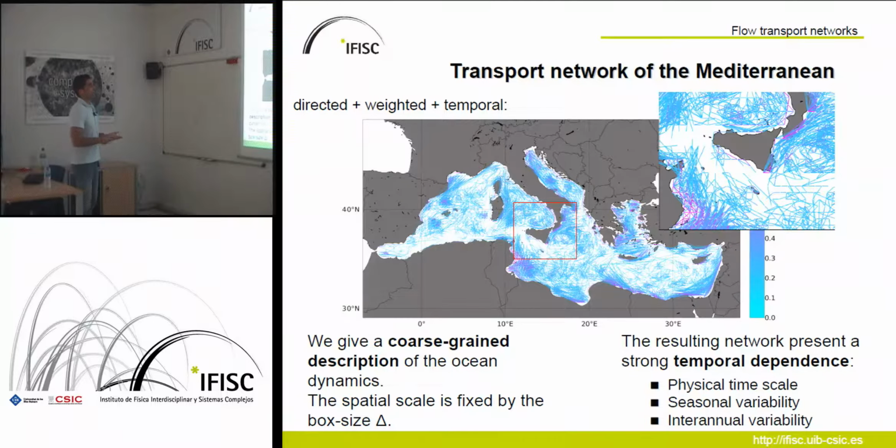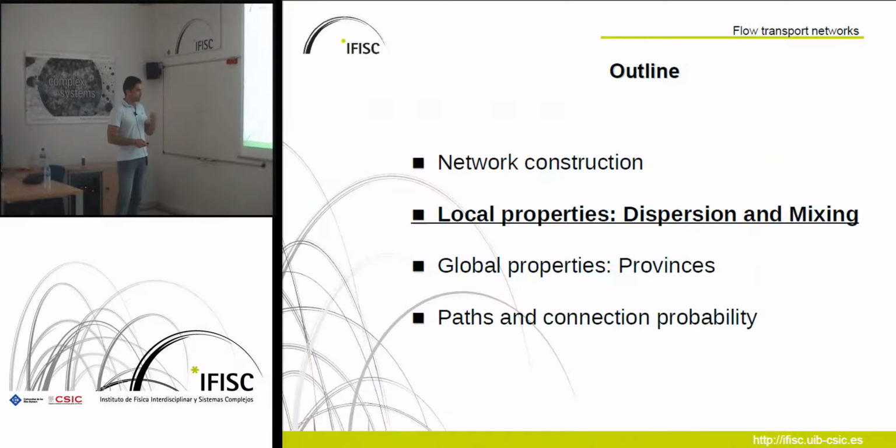So yes, and what else? We are dealing with a network that is complex because it's directed, it's weighted, and temporal. Okay. Well, so now let's see how to analyze this kind of transport network.